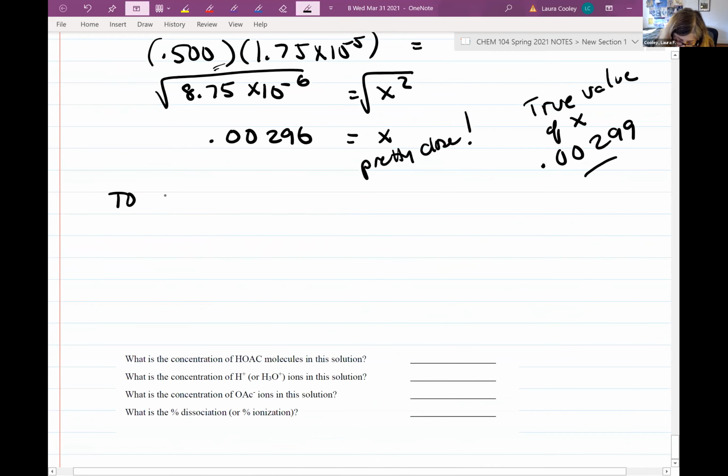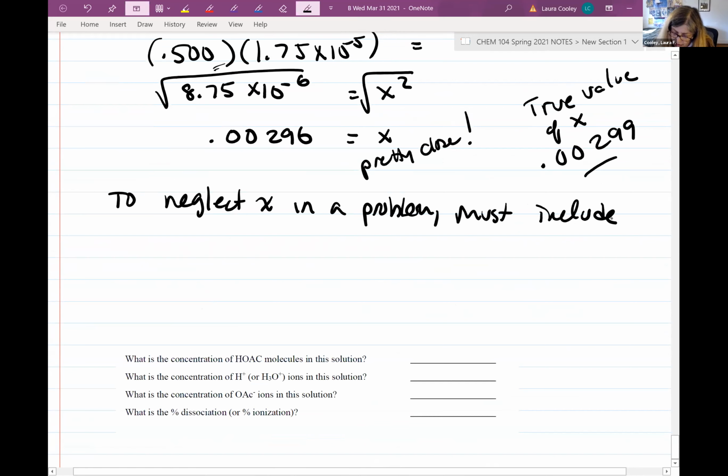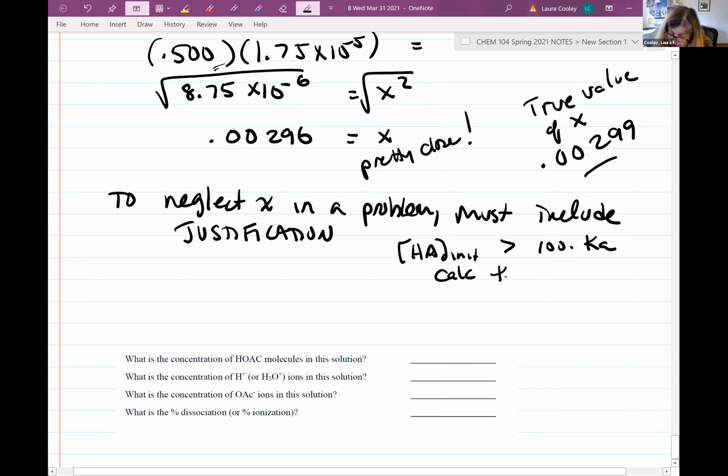So to neglect X in a problem, you must include the justification, and you must figure out what the initial acid concentration is and show that it's greater than 100 times the Ka. So you have to calculate this, which is easy. Just multiply by 100 for your problem and include it. That's a justification.